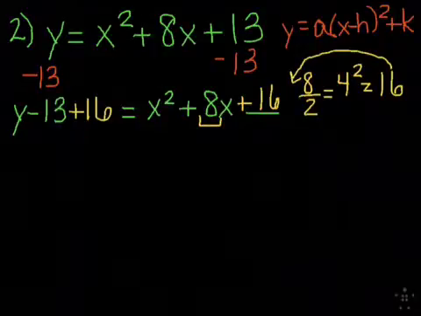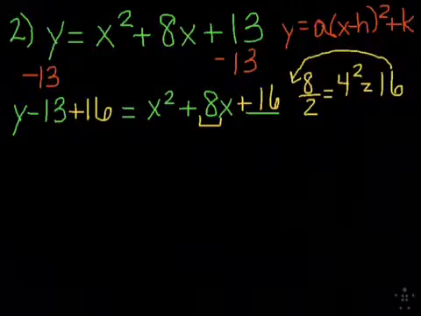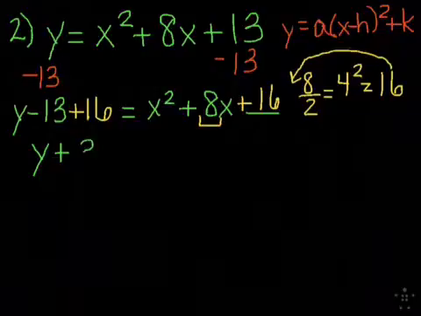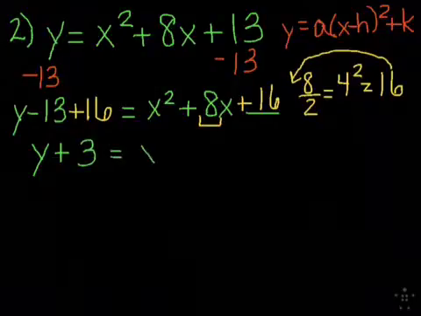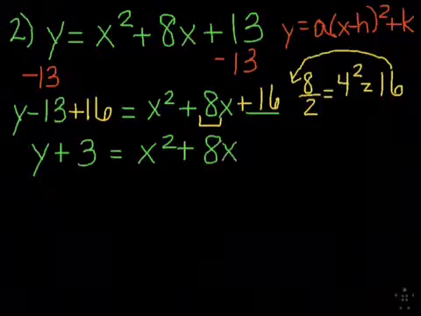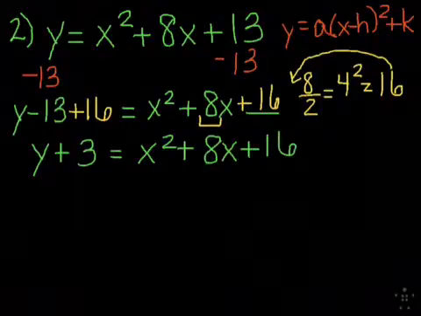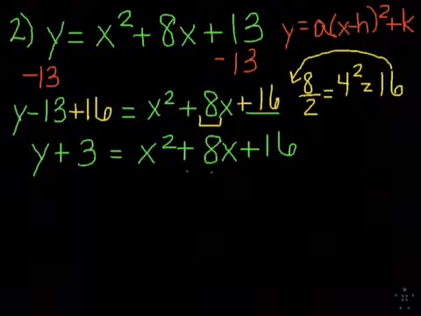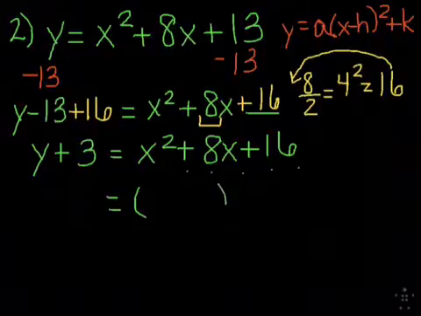Okay. Now we're going to start simplifying down. I'm going to end up with y plus 3 is equal to x squared plus 8x plus 16. So remember, I want to write this side like it would be in vertex form. So we're going to have our parentheses. We're going to have an x.